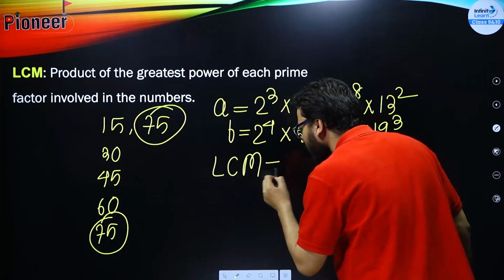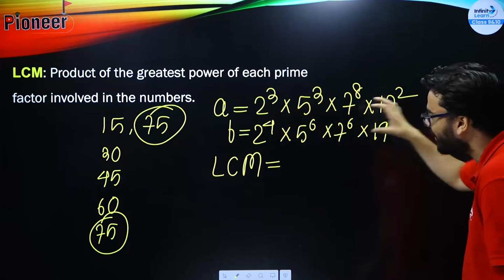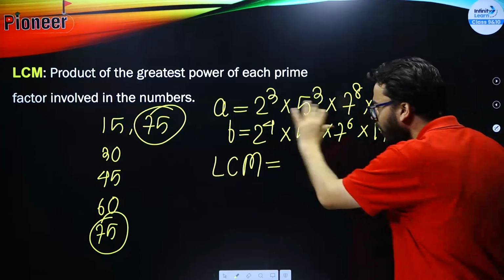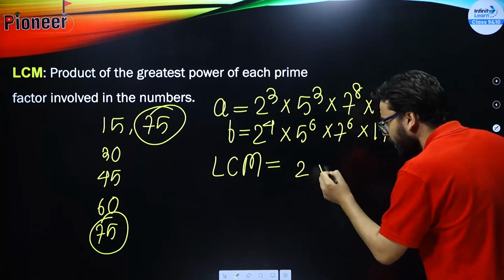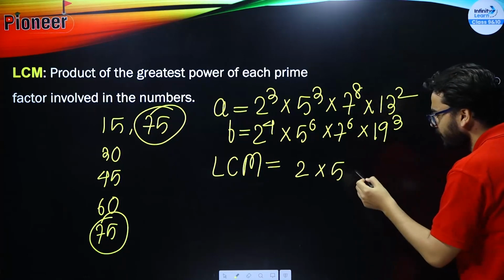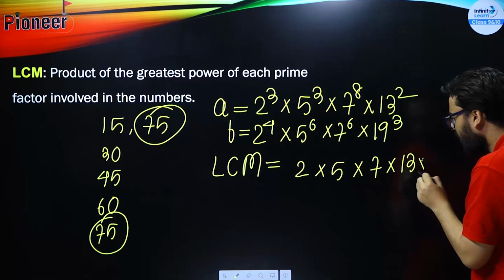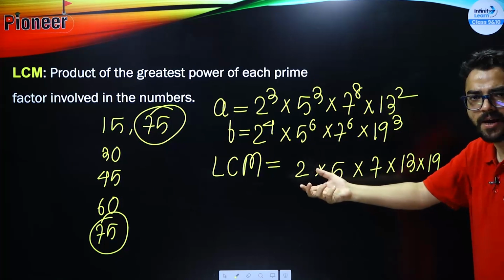So you are finding multiple. Multiple means you will not take common factors over here. You will take all the prime factors involved in both of the numbers. So what are the factors involved over here? 2, 5, 7, 13 and 19. All the factors involved in both of them, the prime factors, right?